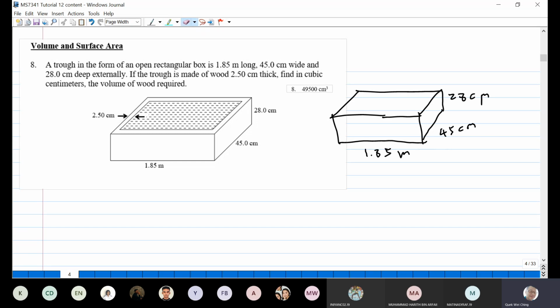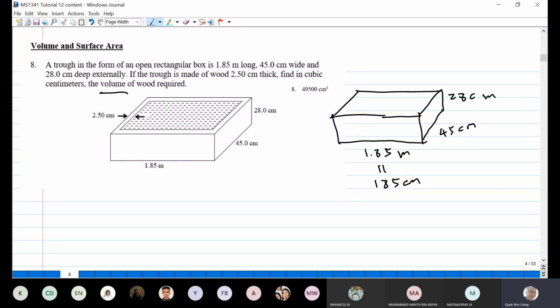So the problem is, because they are in different units, you must convert to cm. So 1.85 meters is 185 cm. Just the external. So what you can find is the volume of the external one, because we want to find in cubic cm the volume of the wood required.